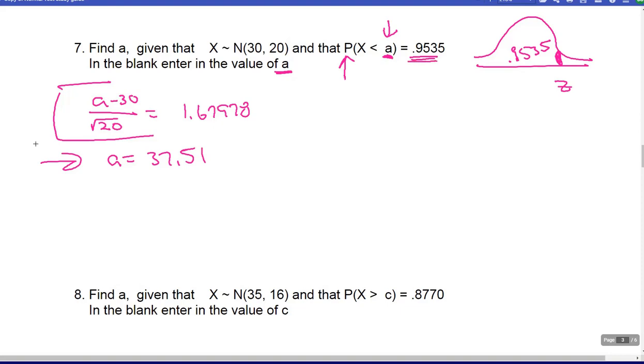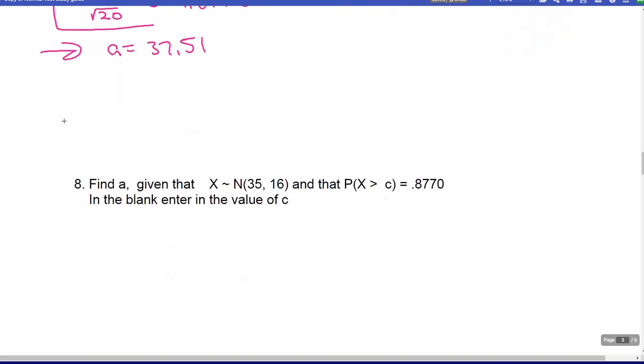Does that make sense? Yeah, that makes sense. So the probability of my random variable being less than a number is going to have this probability, and I need to know what that number is. But that's what that means. Okay, cool.